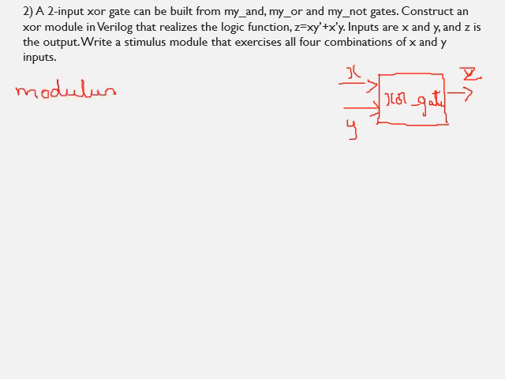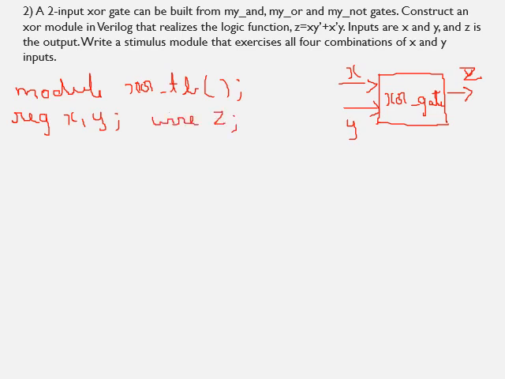So module XOR underscore TB. There are no ports, so I will declare X and Y as registers and Z as wire. Now I will instantiate the XOR gate X1 X comma Y comma Z. This is the order in which I have defined.